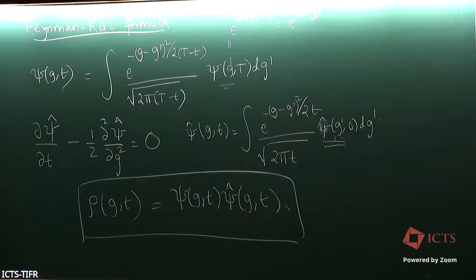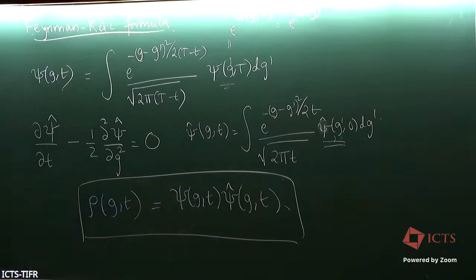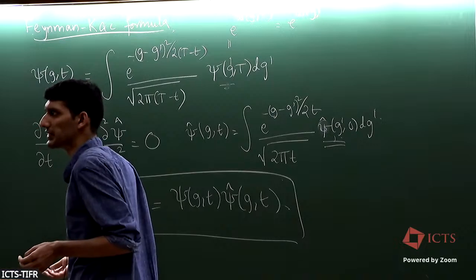So you can show that this plus this will satisfy this equation at optimality. How you find this, I have no idea. It's basically the insight, right?